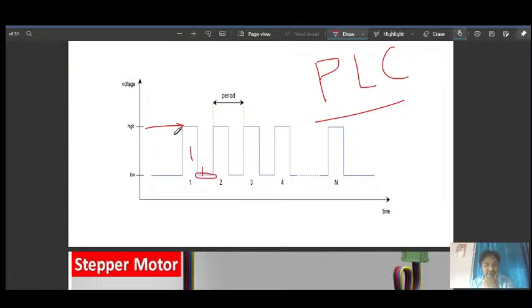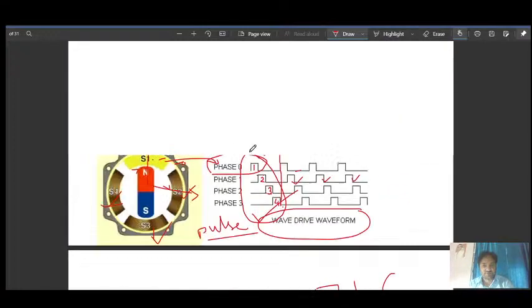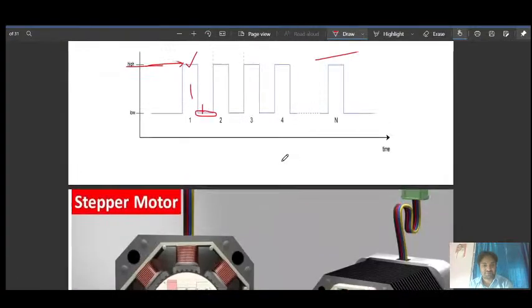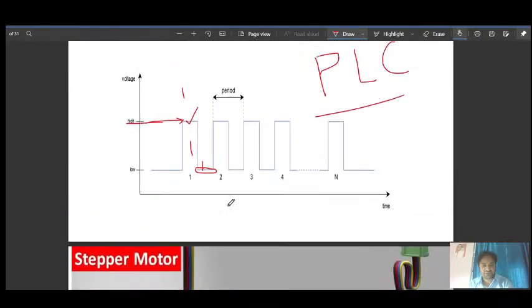When the high current level reaches this level, one pulse is generated here. One signal is generated, not a pulse. So it is done by the PLC along with the controller. Again, next there is no current for some time. Again, the next pulse. As you can see, this is the period. The same goes on.